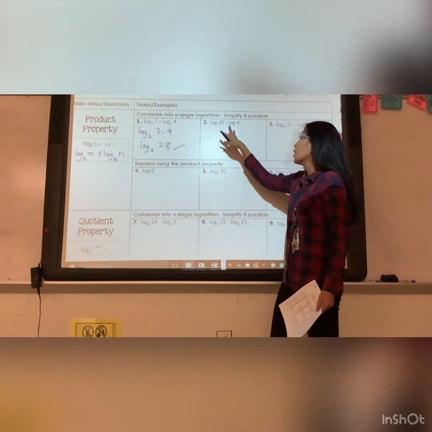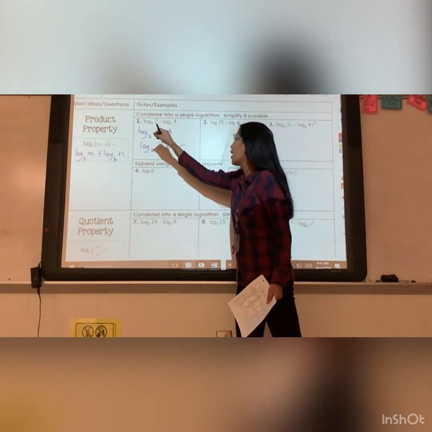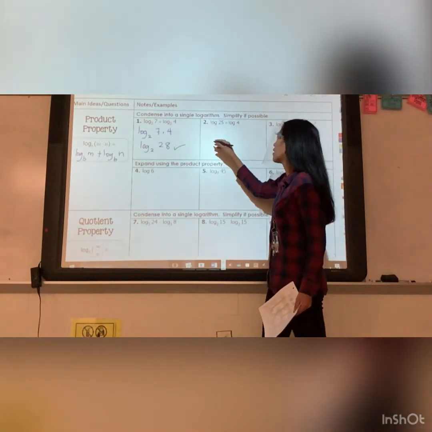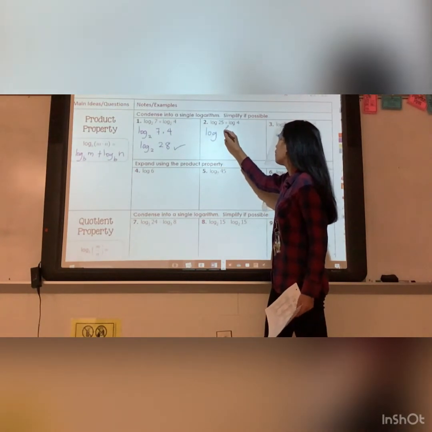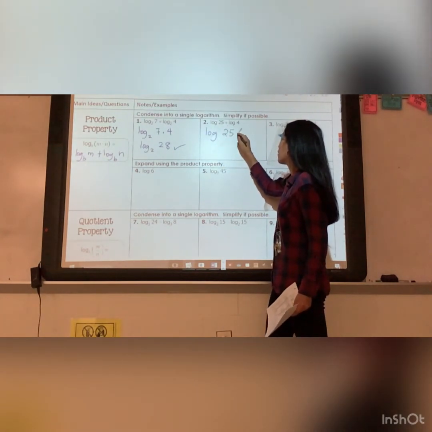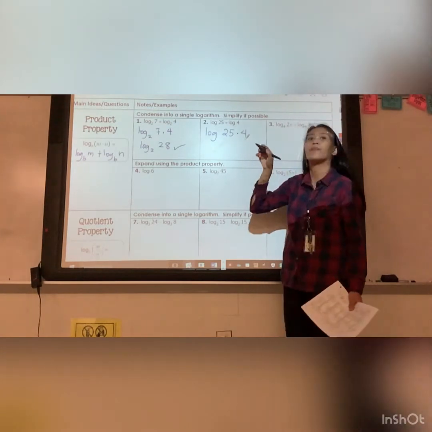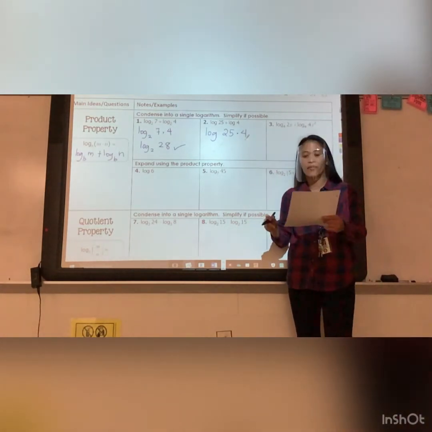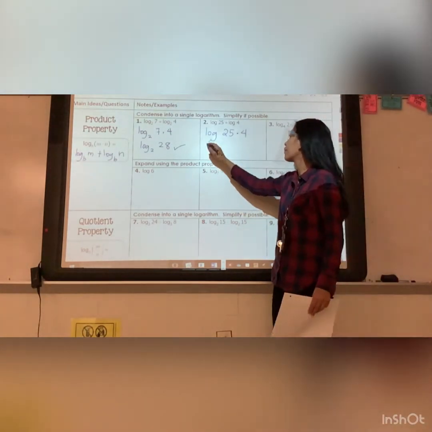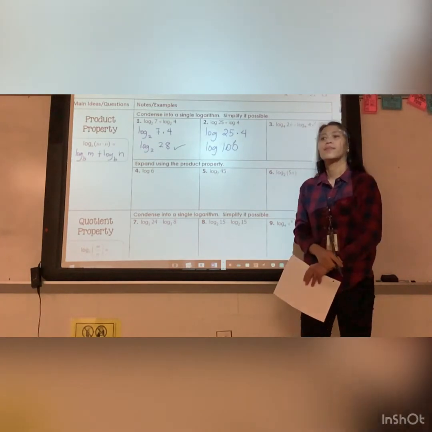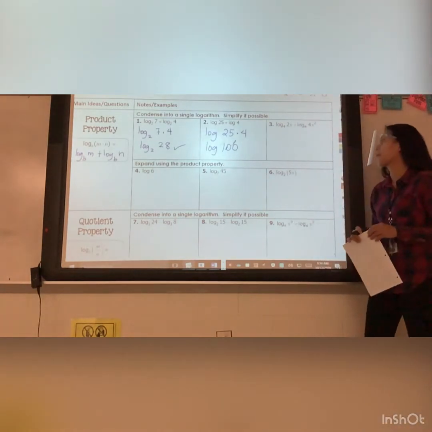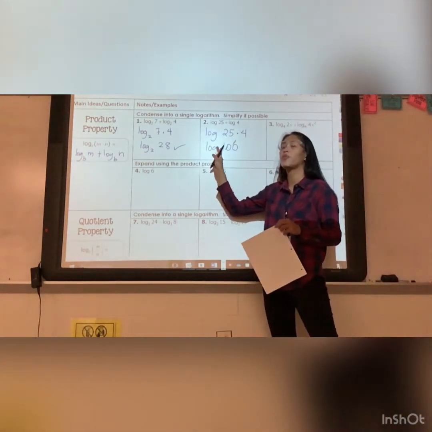So, simplifying this or condensing it or changing it to its single logarithm, it is going to be the log of 25 multiplied by 4. What is now the single form? 100. So it will be log of 100.